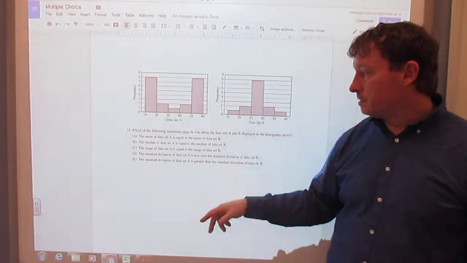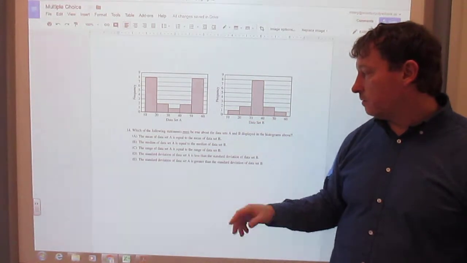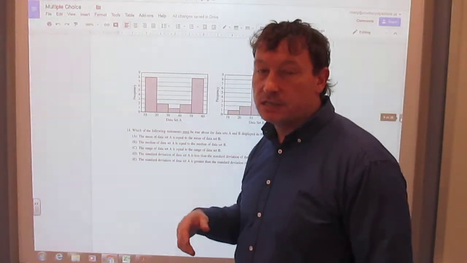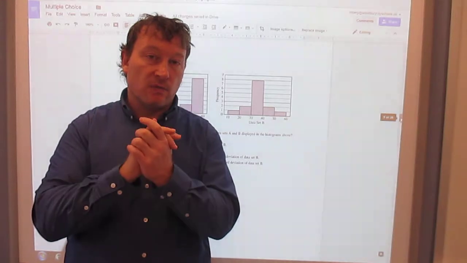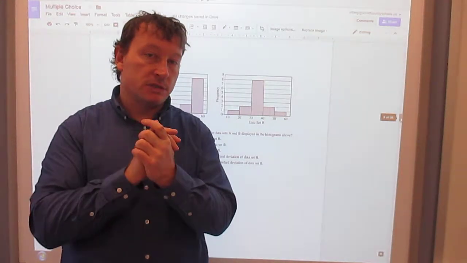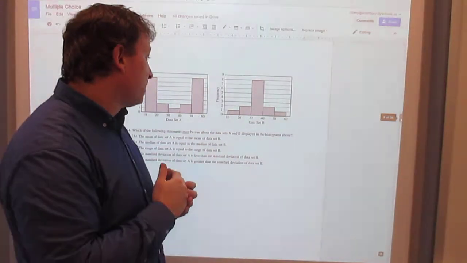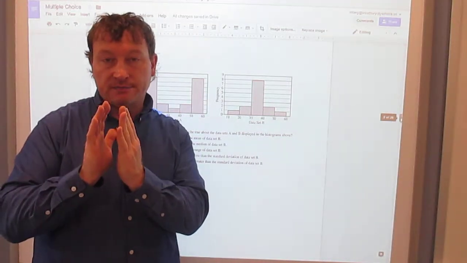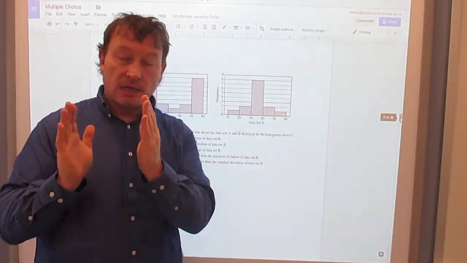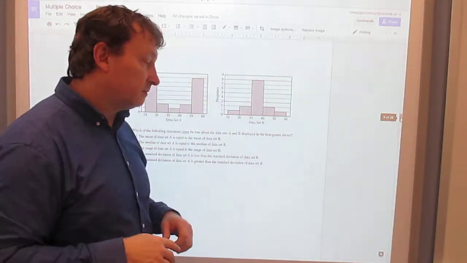Look at the range and what do you suppose the standard deviation is? Remember, the standard deviation tells you how far most of the values are from the middle. So if you're talking standard deviation, which one of these has closer values towards the mean, has more values towards the mean, that would be the one with the smaller standard deviation.